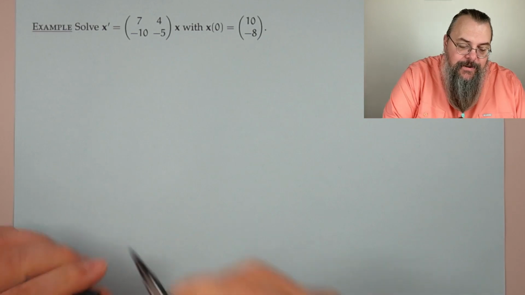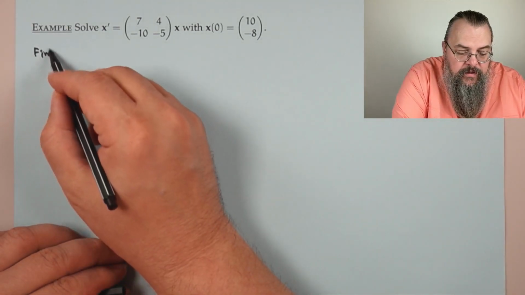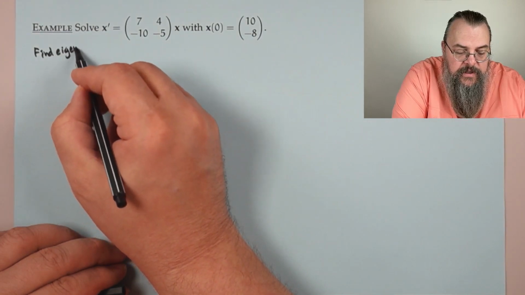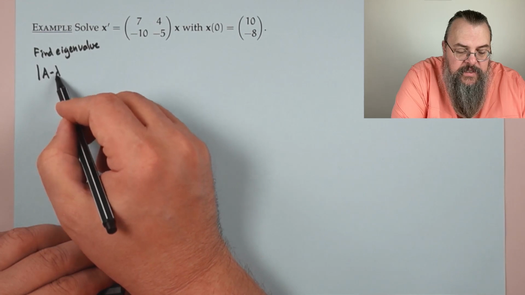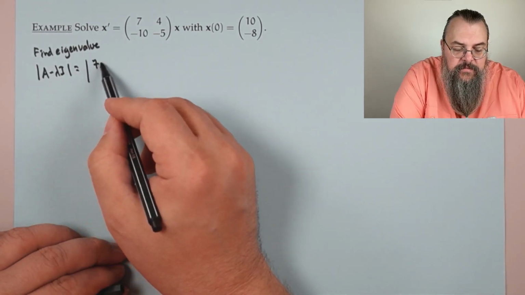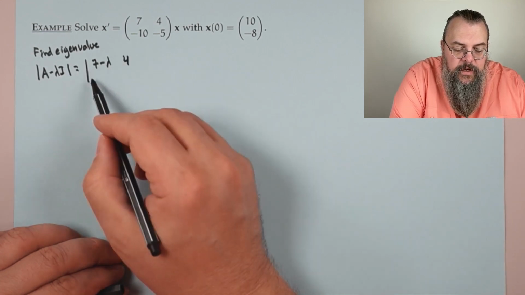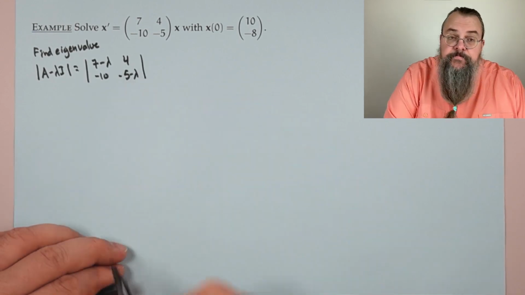Find our eigenvalues. Well, it's the same process. We're going to take the determinant of A minus lambda I. And so this becomes 7 minus lambda, 4, minus 10, minus 5 minus lambda.